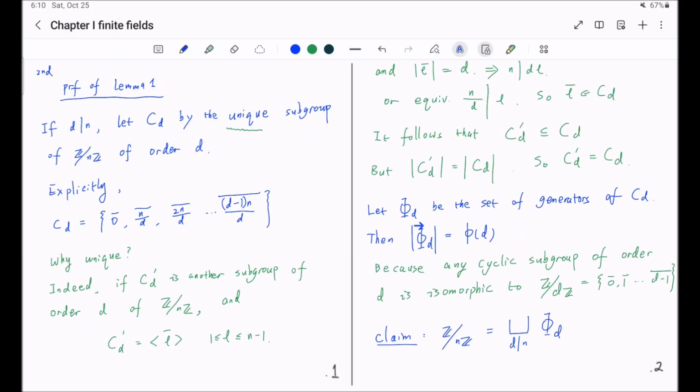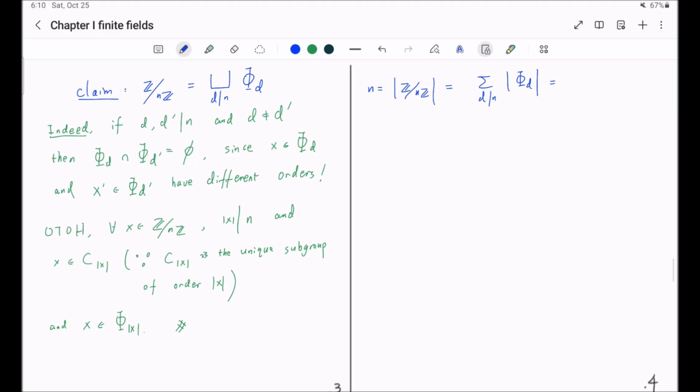But we have already seen that the cardinality of each phi sub d is equal to little phi of d. So the right-hand side is equal to the sum of phi of d's for d ranging over the divisors of n. And this is exactly what we need to prove in this lemma.